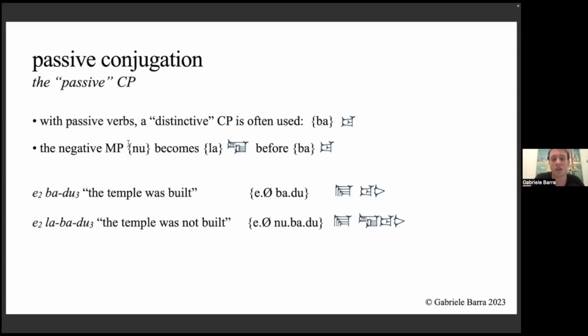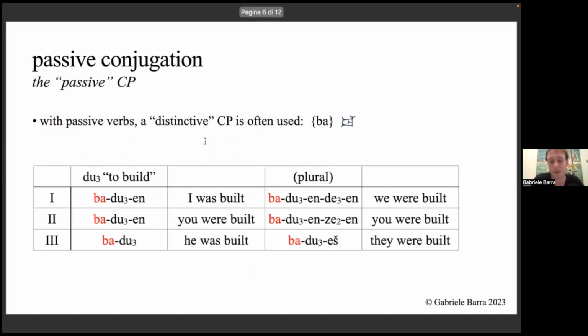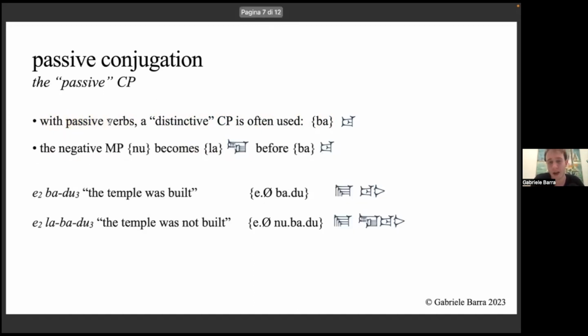What happens with the negation is that if you have the passive ba, and before that you have a nu, the nu always changes to la. And it's the only time when it changes structurally. So it does not appear as a nu, it appears as a la. So it's fundamentally different.